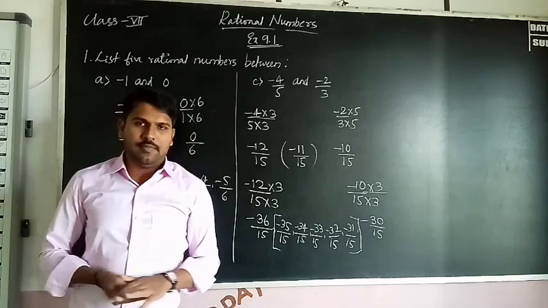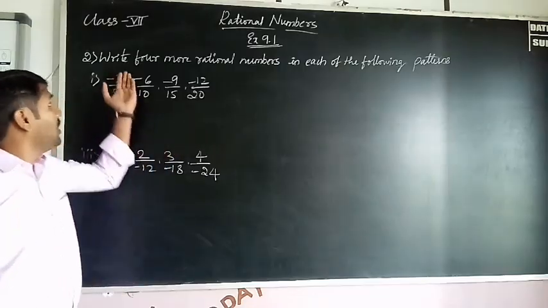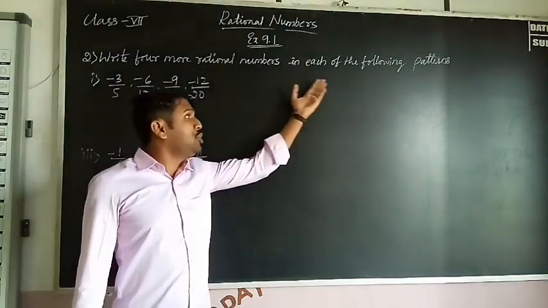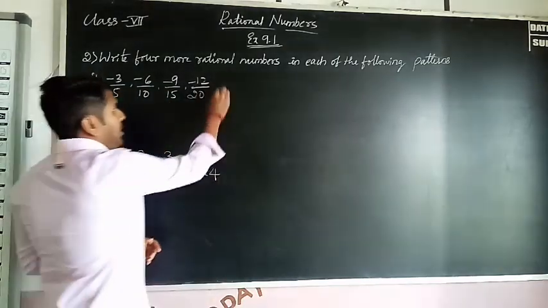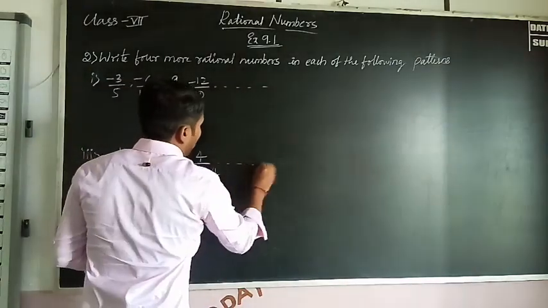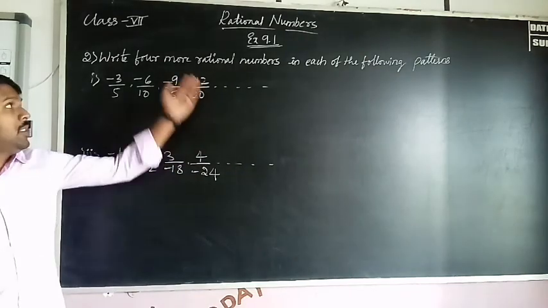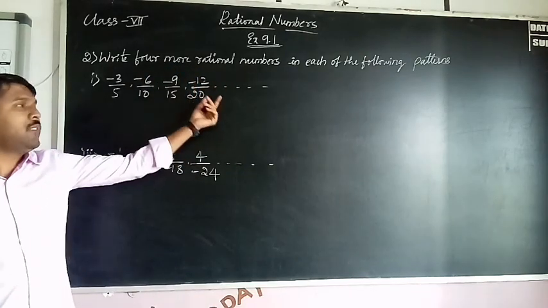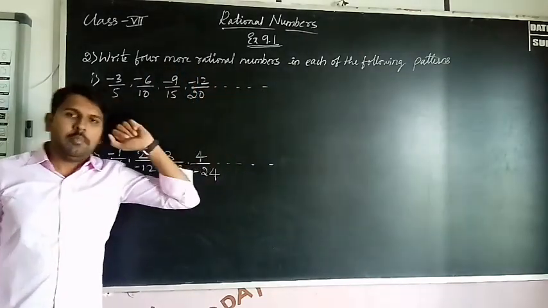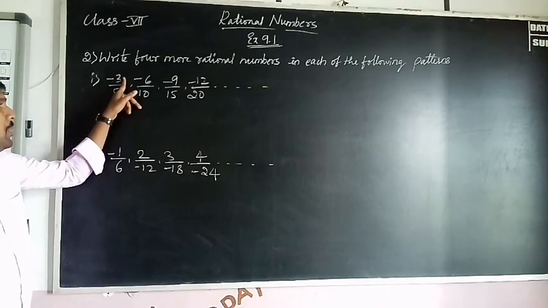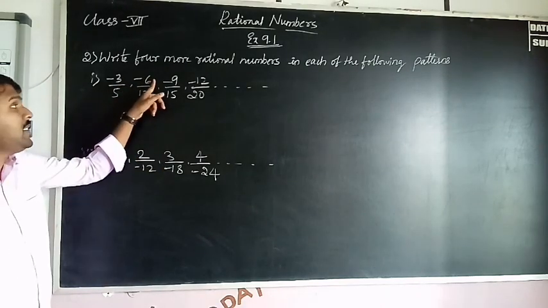Just try this. Second question: write 4 more rational numbers in each of the following patterns. So here we can write so many rational numbers. They ask for 4 more, that means you should find the equivalent rational numbers. So see here first, minus 3 by 5 is there. Next one is 6 by 10.